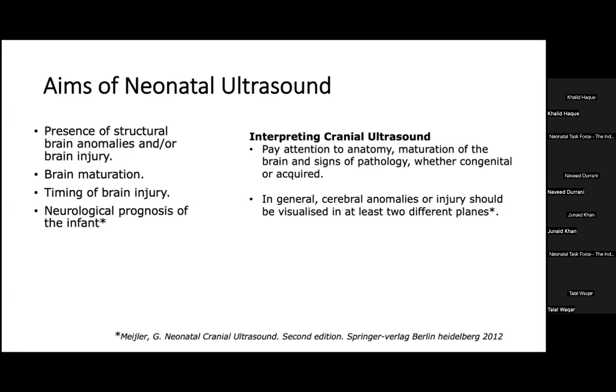There was a nice article recently published by an Australian group about ultrasound prognosis in future neurodevelopment. While interpreting the cranial ultrasound, it is very important to pay attention to the anatomy, maturation, and signs of pathology, whether congenital or acquired. It is always better, when you detect cerebral anomalies, to visualize them in at least 2 planes.